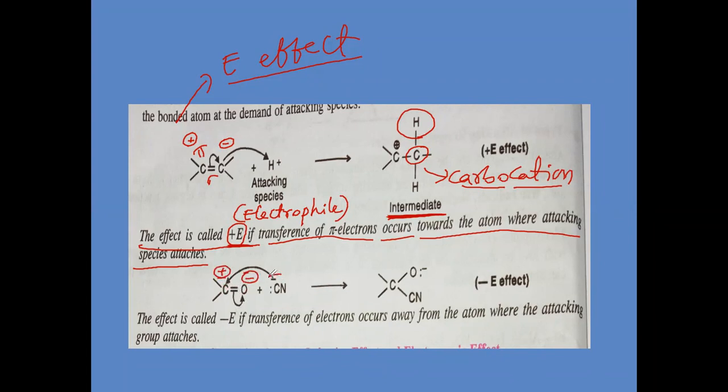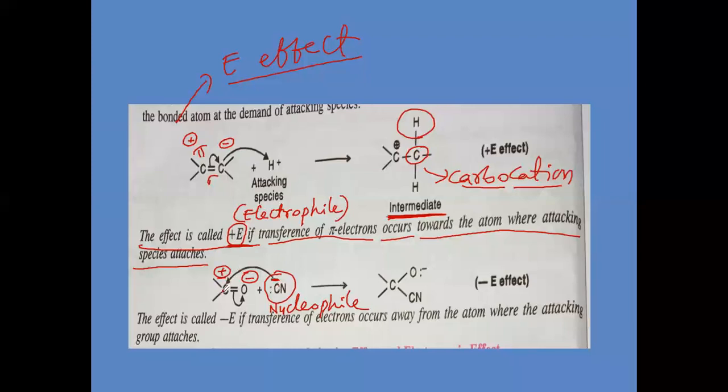Now, what is the attacking reagent? Check it here. CN minus is the attacking reagent, meaning a nucleophile. This nucleophile will be attracted towards C plus or O minus? The CN minus will be attracted towards C plus, because unlike charges attract each other.